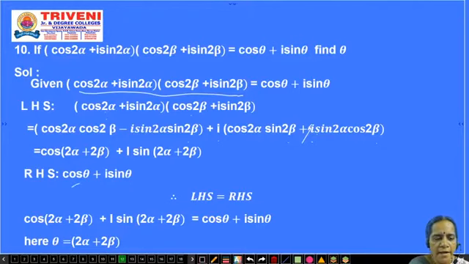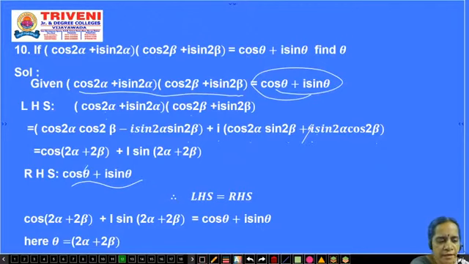What is the RHS here? Given in the hypothesis, the RHS is cos theta plus i sin theta. Comparing the value of theta with the LHS, 2 alpha plus beta, the value of theta is equal to 2 alpha plus beta. That can be written as theta is equal to 2 into alpha plus beta.